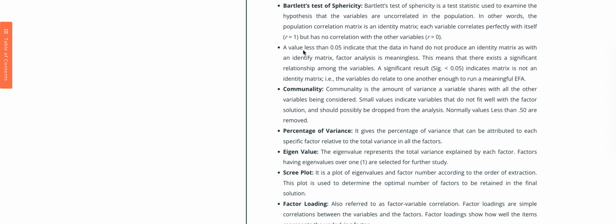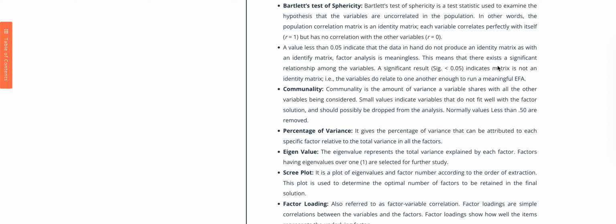R is equal to 1 but has no correlation with the other variable. R is equal to 0. A value less than 0.05 indicates that the data in hand do not produce an identity matrix. As with an identity matrix, factor analysis is meaningless.